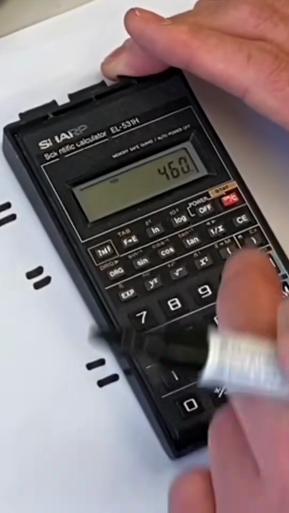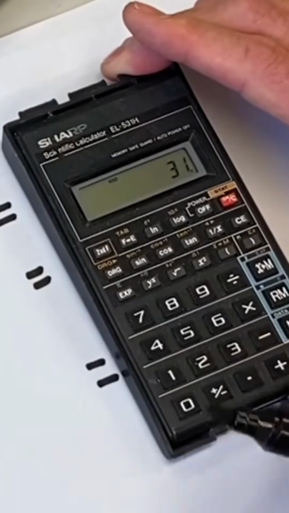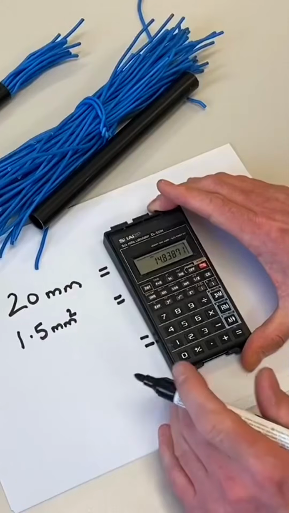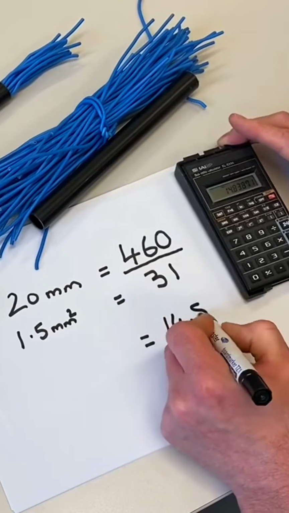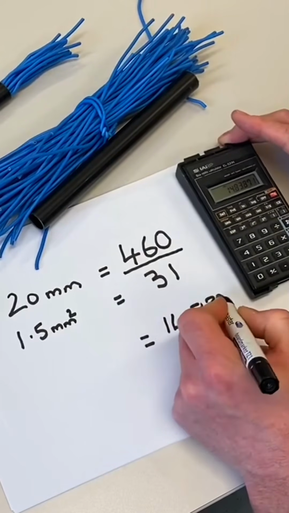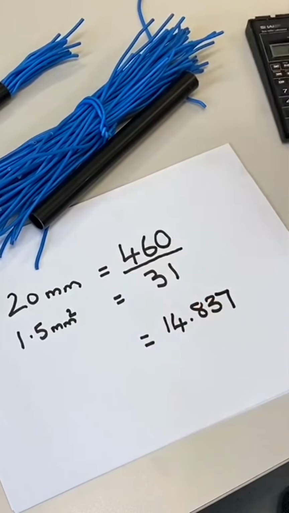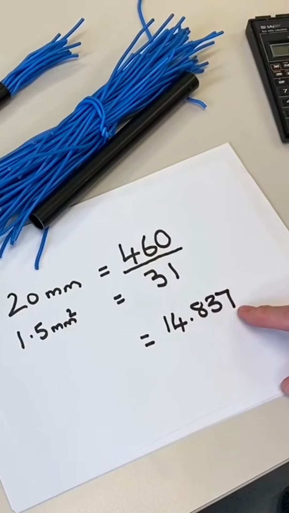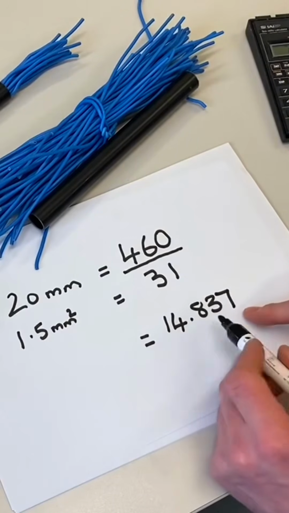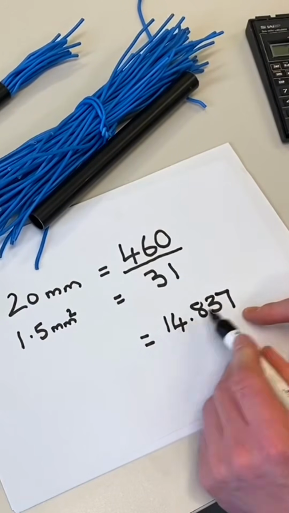460 divided by 31. Our answer is 14.837. So we can get into the conduit 14.837 conductors. Now, we obviously can't get that part of it, so we've got a number issue here.